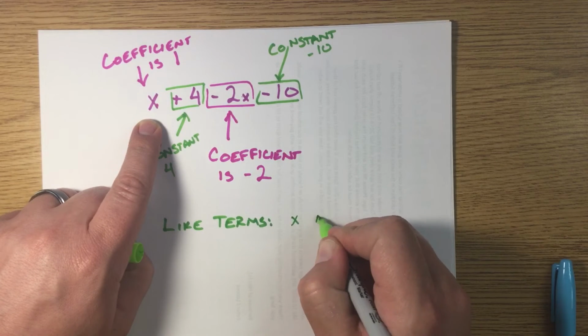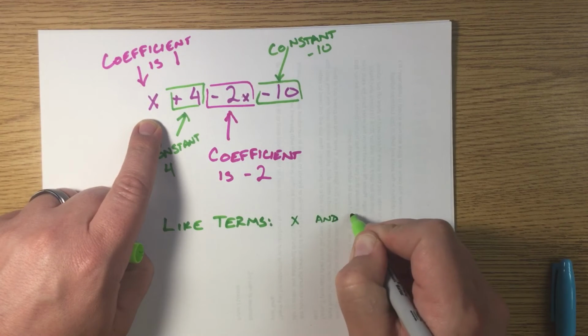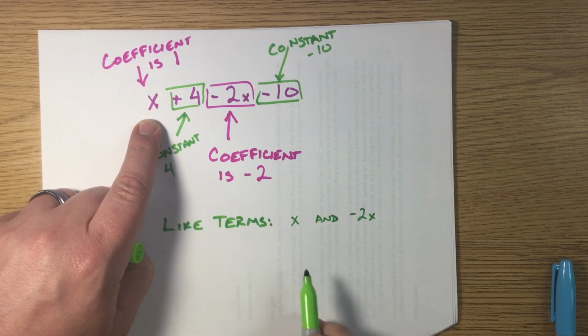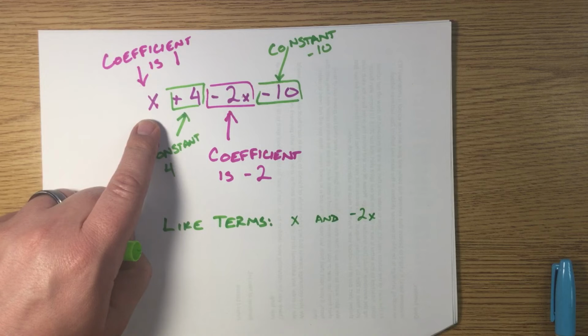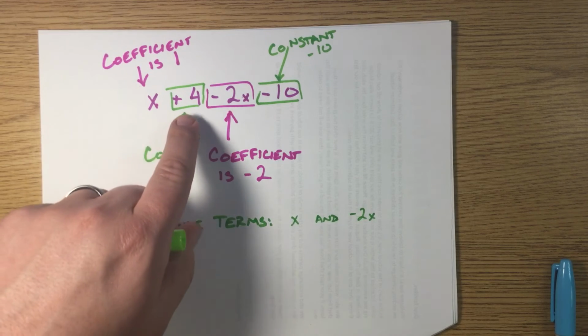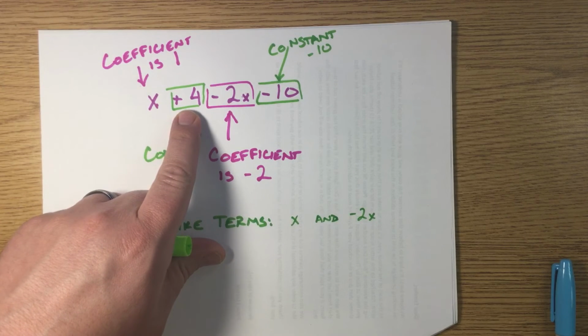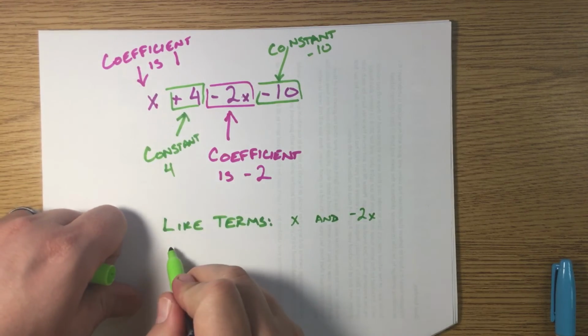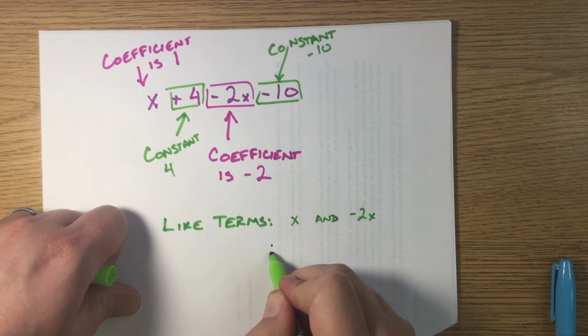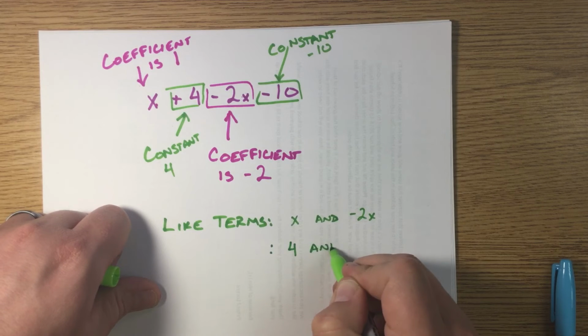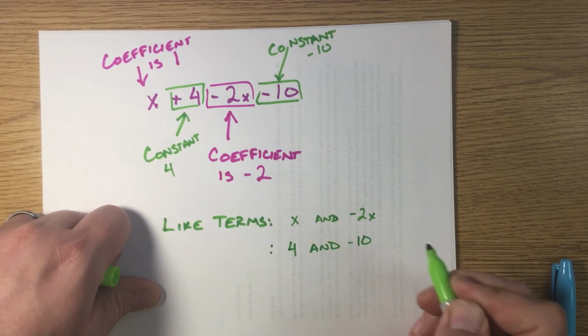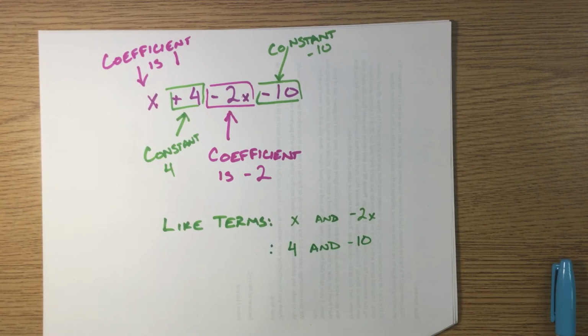X and -2x are like terms, but then remember the definition of like terms is terms that have identical variable parts. What if my identical variable part is no variable at all? Constants are always going to be like terms. So 4 and -10 are like terms, okay?